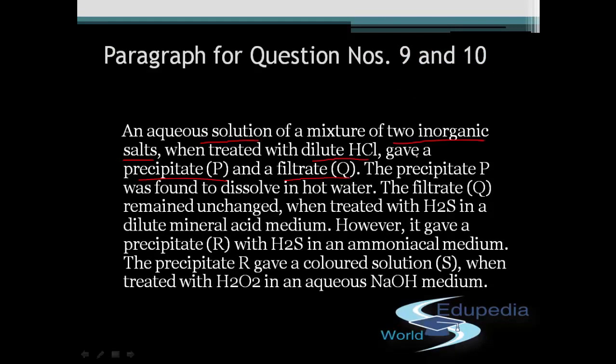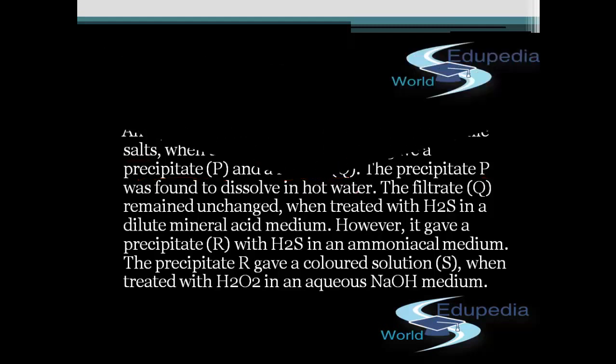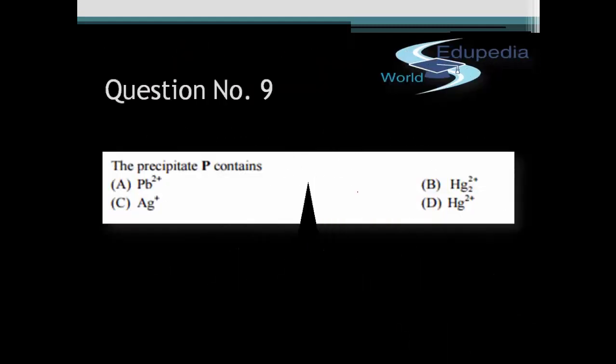It says that the precipitate P was found to dissolve in hot water. This is a very important hint, because if we go to the question, in the first question it says that the precipitate P contains. Now we have been given 4 options: Pb2+, Hg2+, Hg2+, and Ag+.